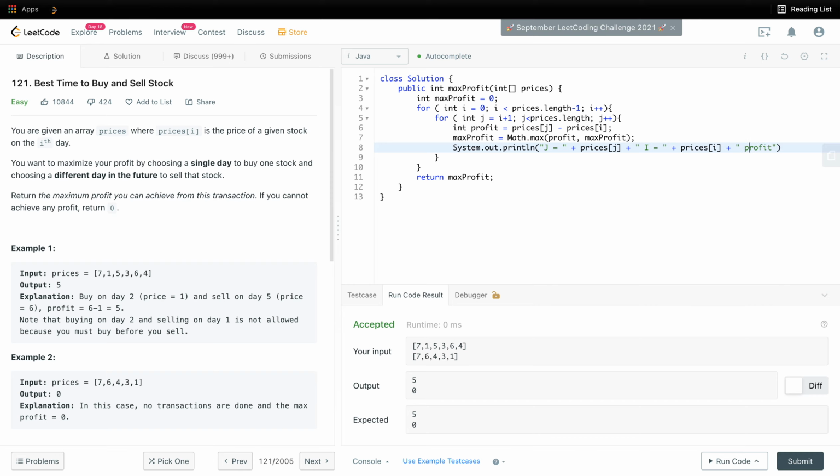Currently I am printing our current profit and not the max profit, but looking at the logs we will find the max profit.